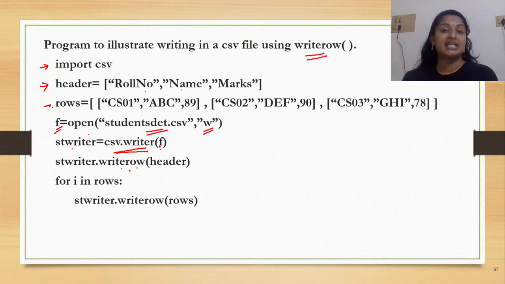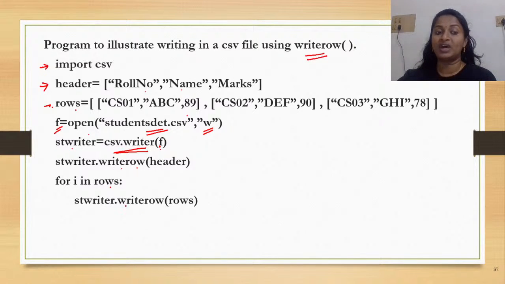Fine. Now what is the next thing that you have to write? You have to write the entire contents of rows, the list named rows. How do you write it? See here, you use an iterable. So for i in rows, each content of your rows would be taking the value of i each time, and then it would be written onto the file.